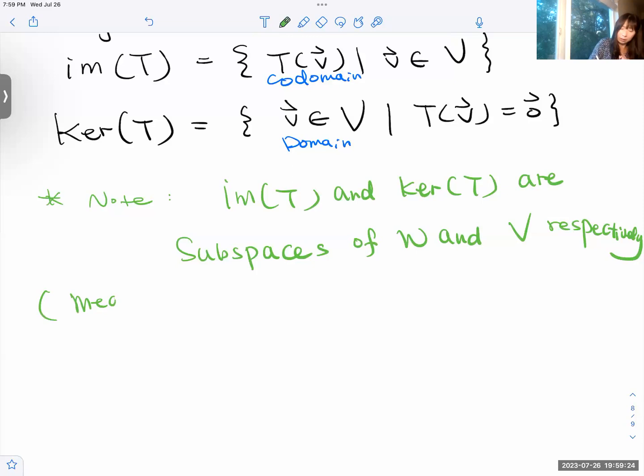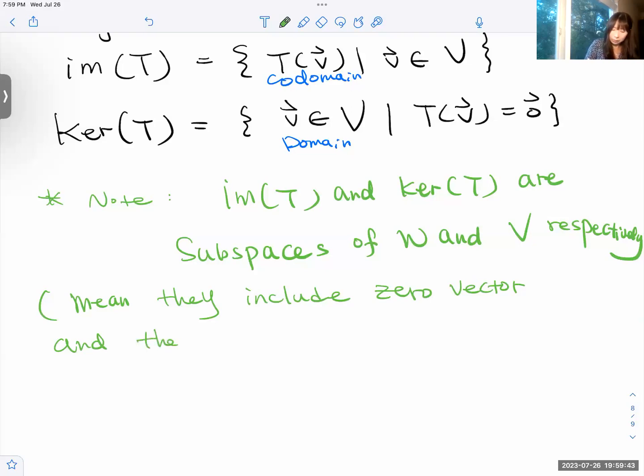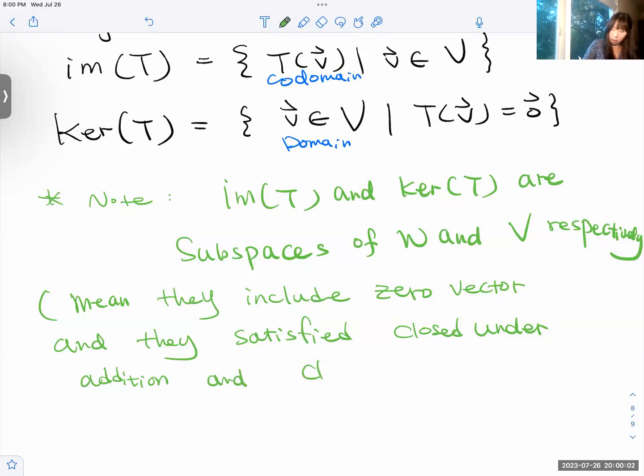Okay, this means that they both include the 0 vector, and they are closed under addition and closed under scalar multiplication, right?